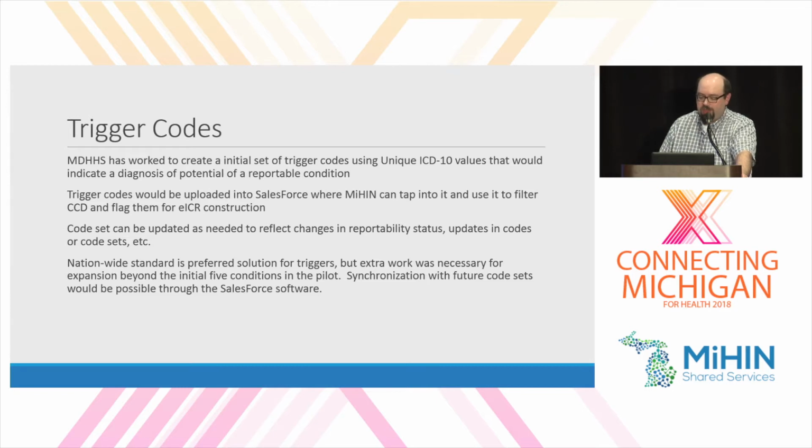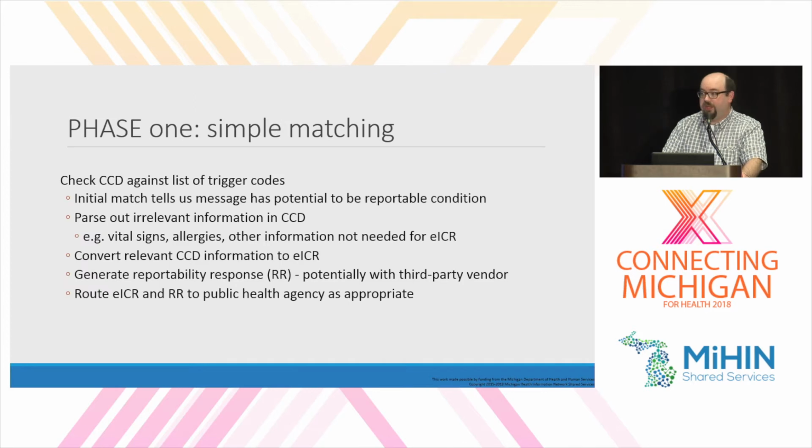So of course, I also wanted to describe how we create these things a little bit. We won't really get too into the weeds on it, but basically the systems at MiHIN would check the CCD against the list of trigger codes in Salesforce. The initial match would tell us that it has a potential to be a reportable condition. It doesn't know for sure, but hey, this has already been flagged as an ICD-10 code that we're interested in.